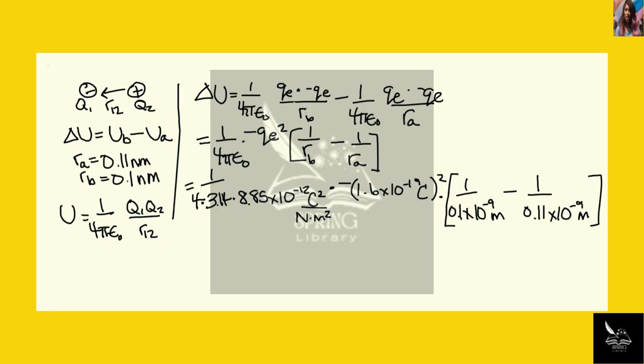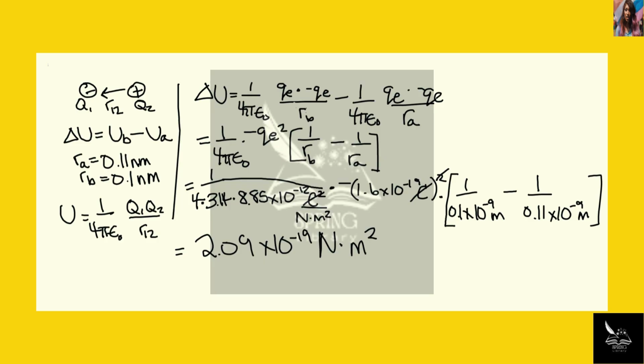Okay, so let's plug all of this math into our calculator. And what we get is 2.09 times 10 to the minus 19. And let's look at our units here. This is all under our denominator. So this coulomb squared gets canceled out with the coulomb squared up here, so we don't have any coulombs. This gets flipped because it's on the bottom, so that's newtons times meters squared on the top.